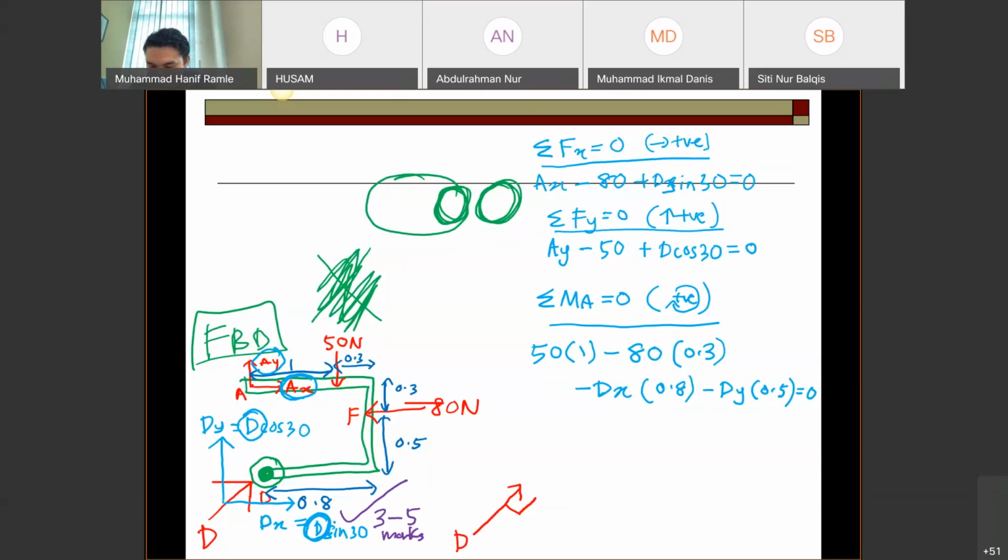Yes, correct. Thank you to Akila Shasha, also Wong King Tong. Great, so it means that you understand the sign for 50 Newton should be positive. I just wanted to test you, and yes, correct, it should be positive.